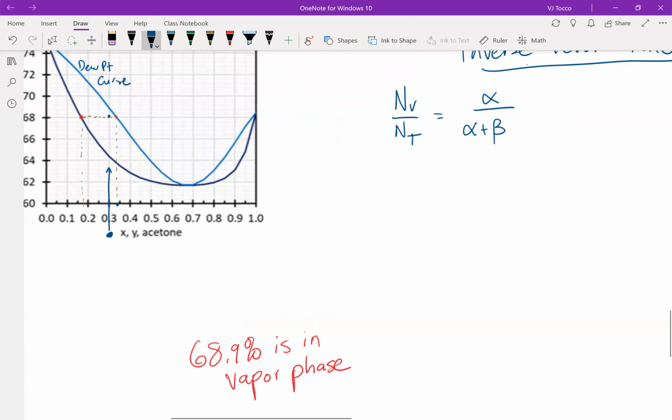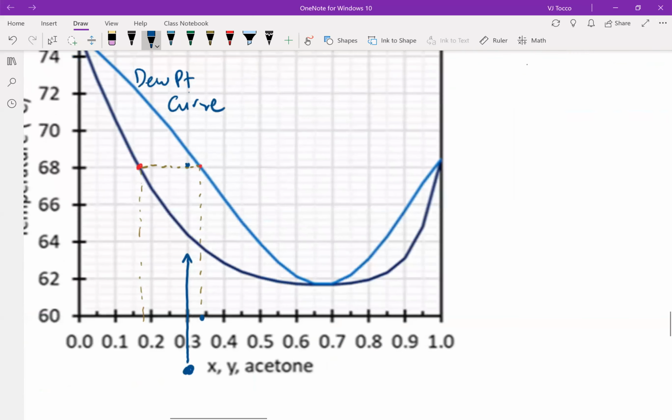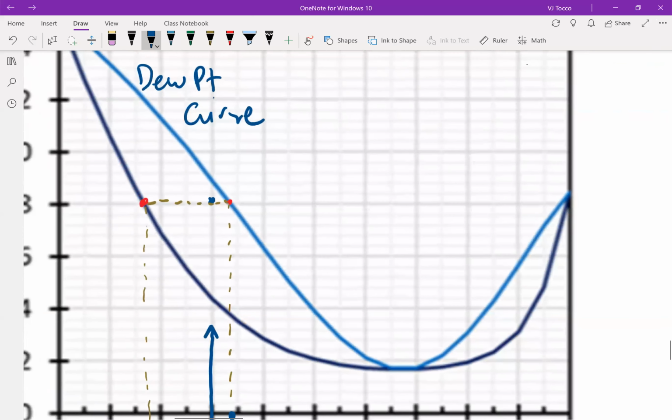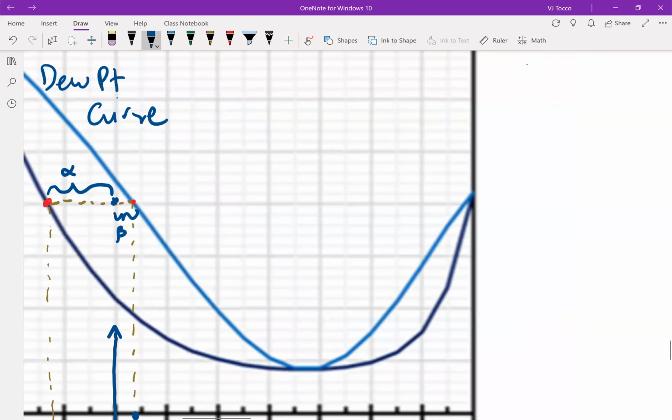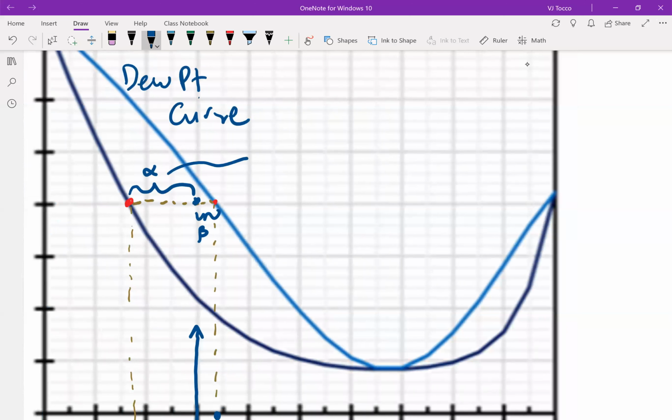So this is simply a geometric problem solving procedure. If I zoom in really far here and take the line distance, this is what we call alpha. It's the distance from the actual point to the bubble point, and then this line segment is going to be beta. So alpha plus beta is the total length of the tie line. So these are lengths.